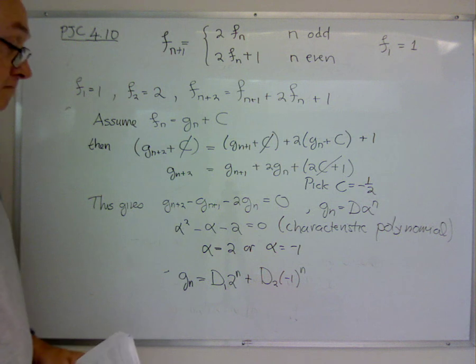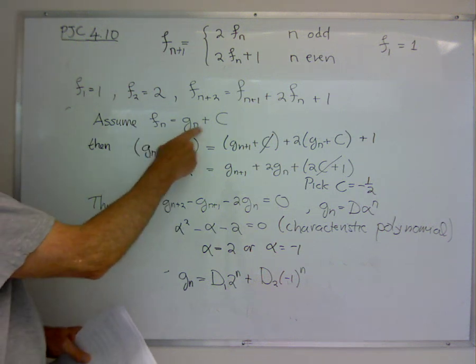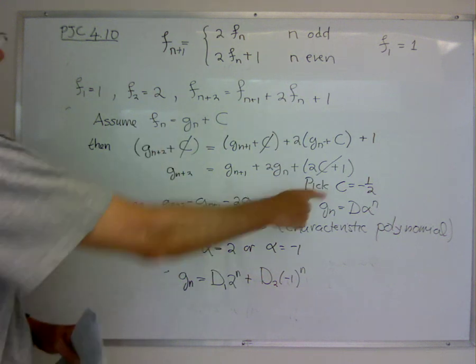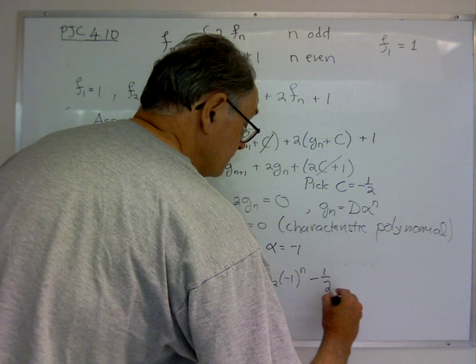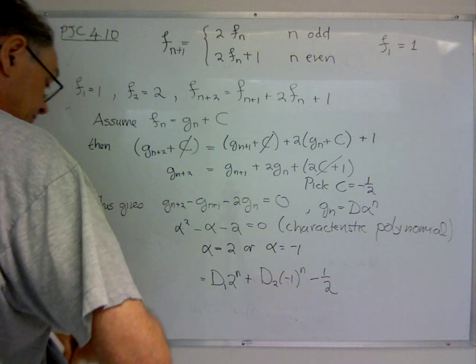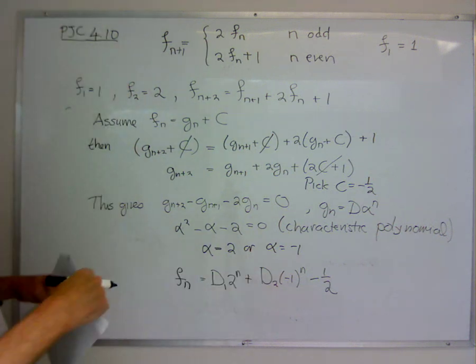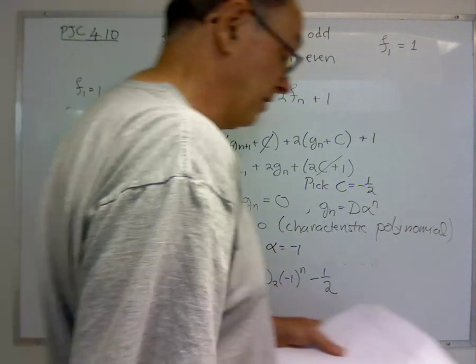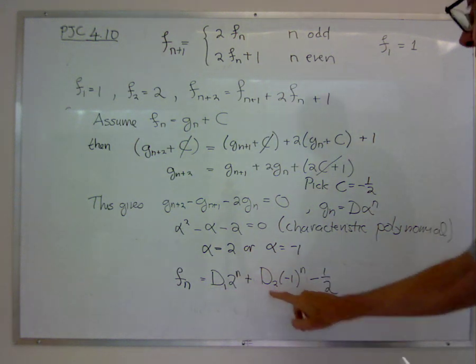Of course, what I can do is notice here that g_n plus c is f_n, and c I've noticed is minus a half. So if I subtract a half from here, then this becomes f_n. And this is potentially the entire solution of this original recurrence. So all you have to do now is to determine these coefficients d1 and d2.